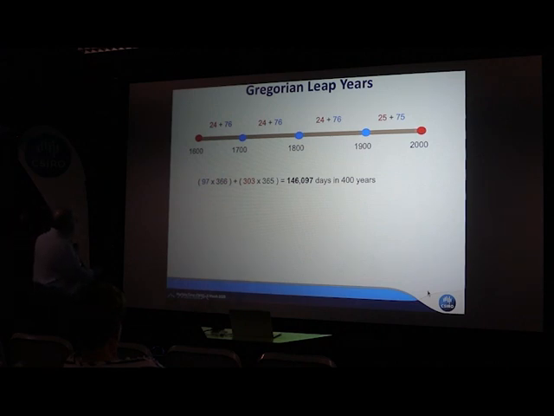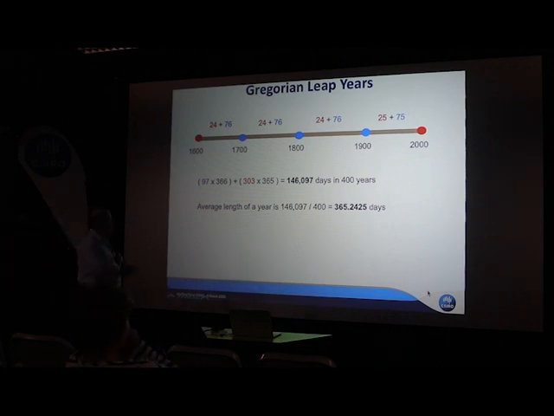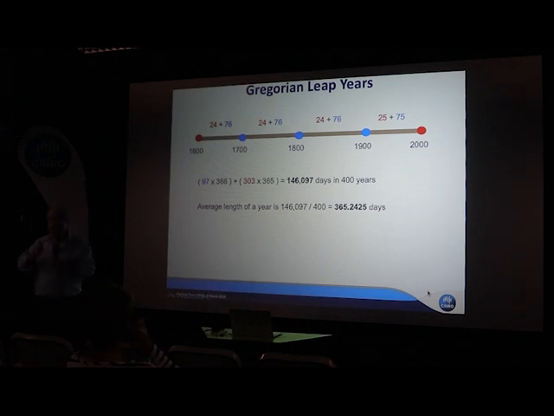And then there's 303 years of 365 days. So that gives you 146,097 days in 400 years. Okay. Well, the average length of the year is therefore that number divided by 400, which is 365.2425 days, which is 365 and 97 over 400.